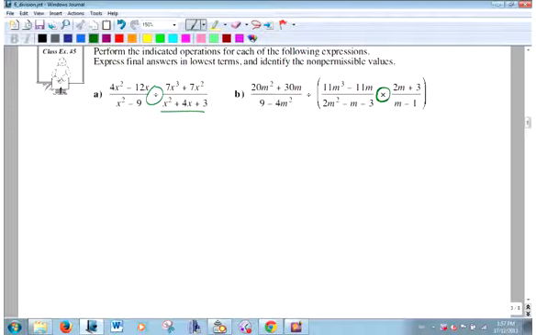Again, what does this mean? Everything on the top's multiplied by itself. Everything on the bottom is multiplied by itself. This we're just going to flip. So don't do this in your book, but everything there is going to go to the top, right? And everything here is going to go to the bottom.